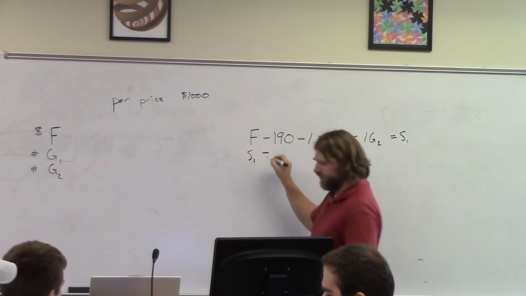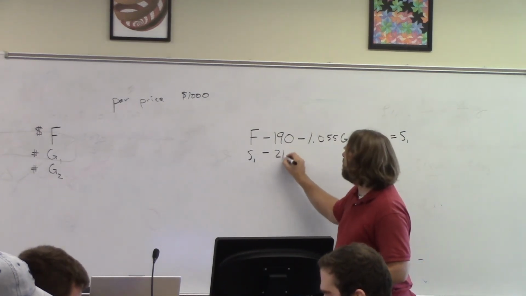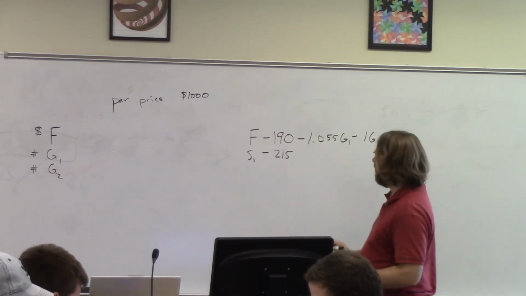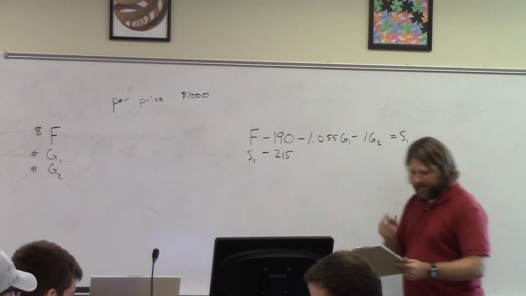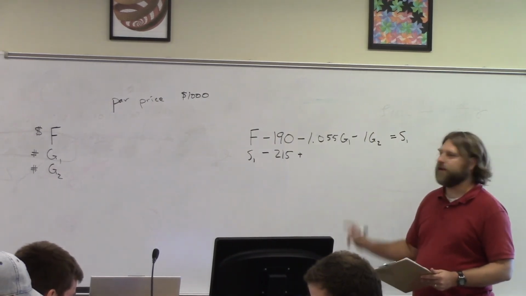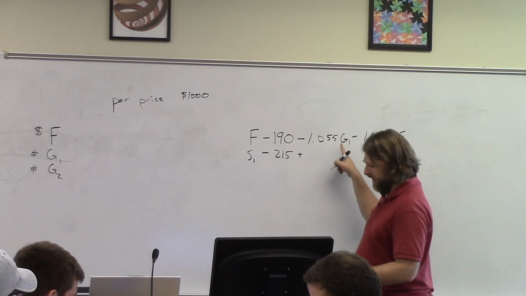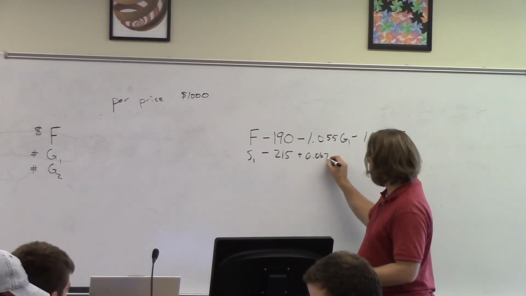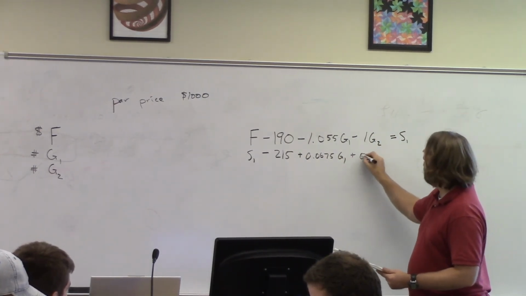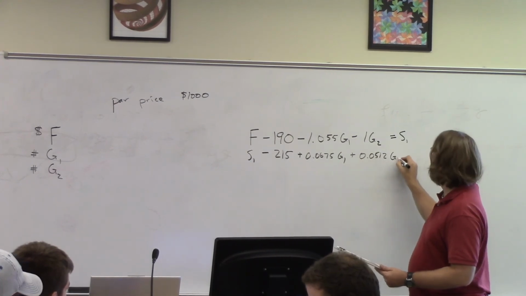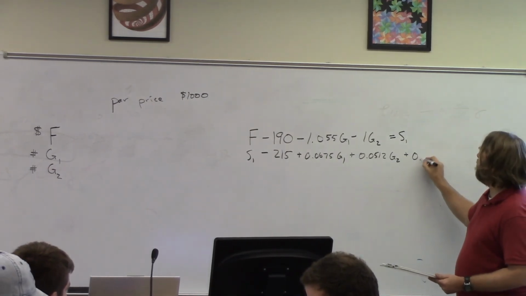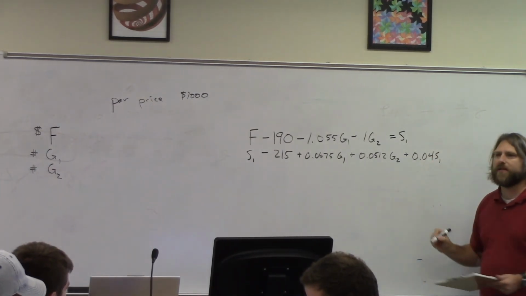At year 1, we subtract off the first payment, $215,000. Okay, and you are going to get interest, right? You're going to get interest from this at this rate, and you're going to get interest from this other one, plus you're going to get interest in your savings account.